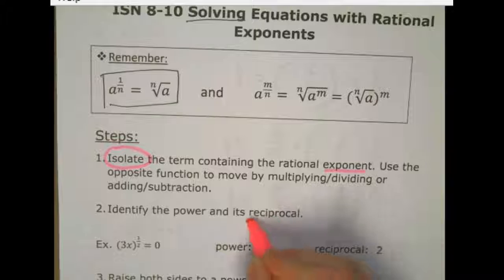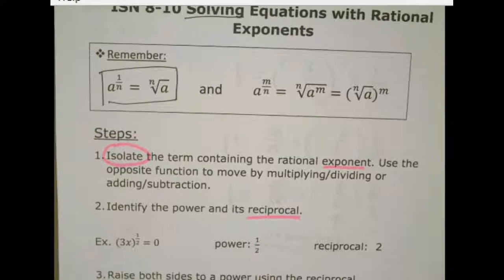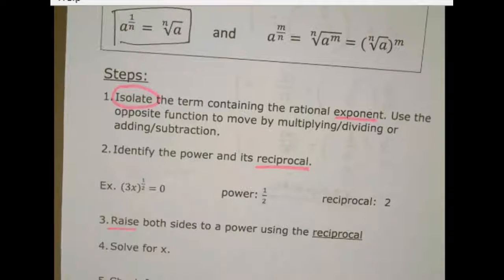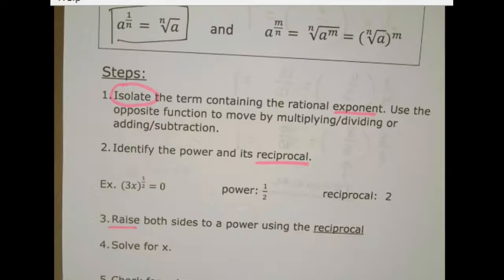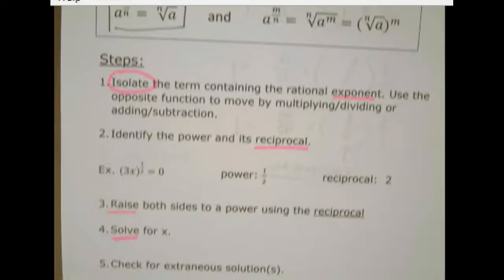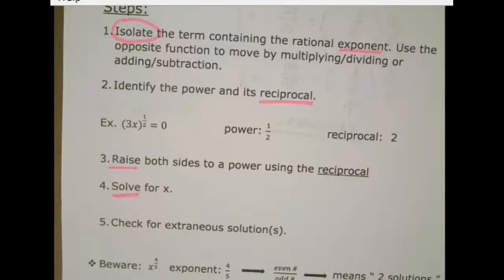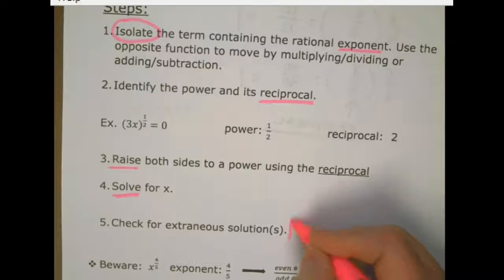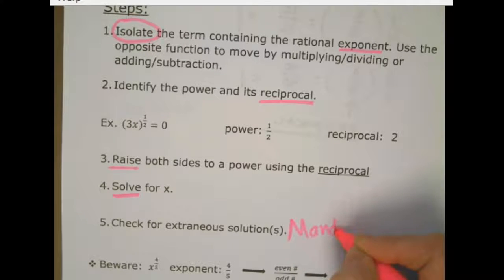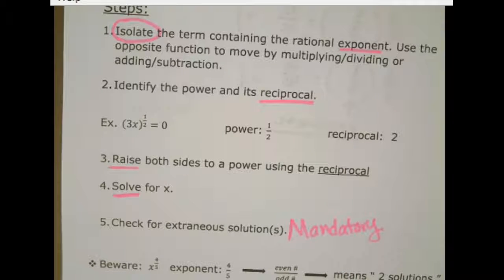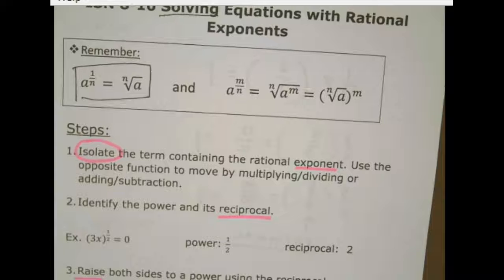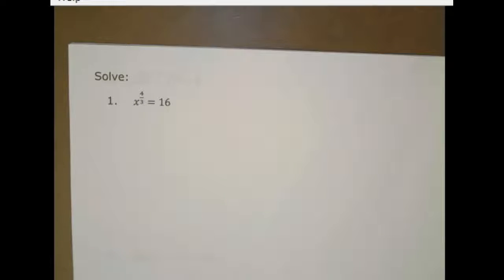Then we are going to identify the reciprocal, raise both sides to the reciprocal, solve, and then what's step number 5? Mandatory. What does mandatory mean? You have to do it. It is not optional.